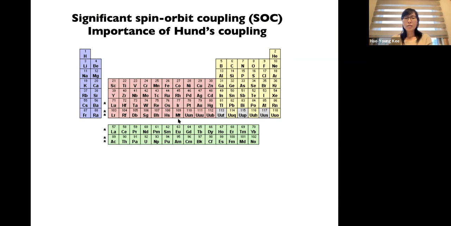But if one is interested in the 4d and 5d, we know that there is significance of the spin-orbit coupling because they are heavy atoms. And they also appear to have Hund's coupling that is important because, unlike the high-Tc cuprate, which is a single orbital, many of these compounds come as multi-orbital. And there, Hund's coupling will become important and plays quite an important role.